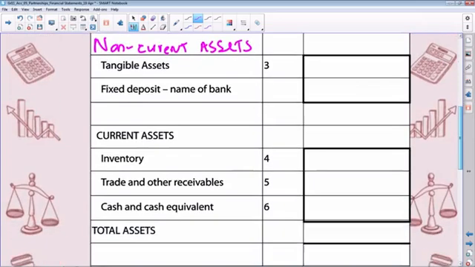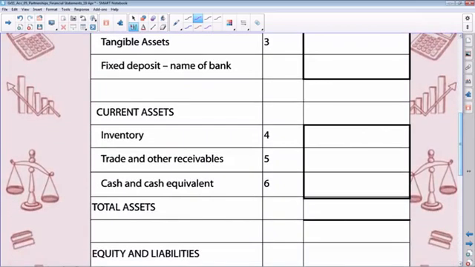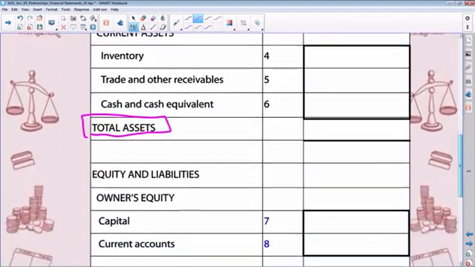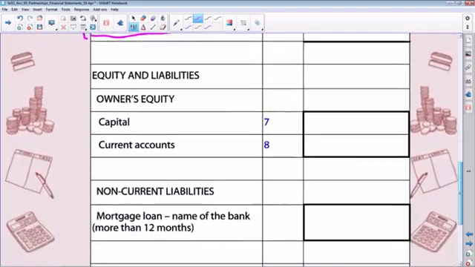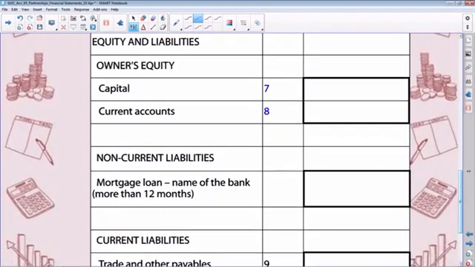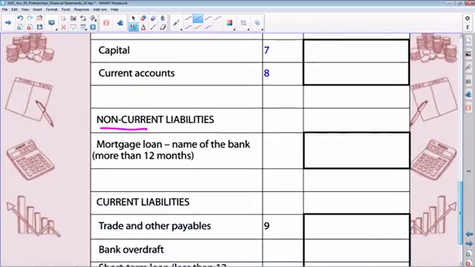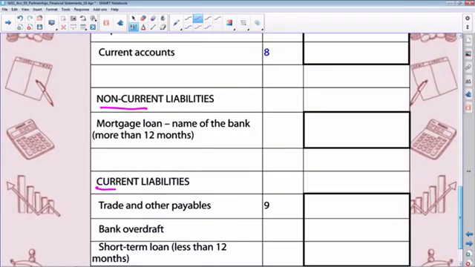And if I add my non-current assets plus my current assets, that gives me the first subtotal of the balance sheet, my total assets. Then we've got your equity and liabilities. I just want to quickly look at liabilities first, then we look at equity. So under liabilities, you'll still have non-current liabilities like you did in grade 10, as well as your current liabilities.